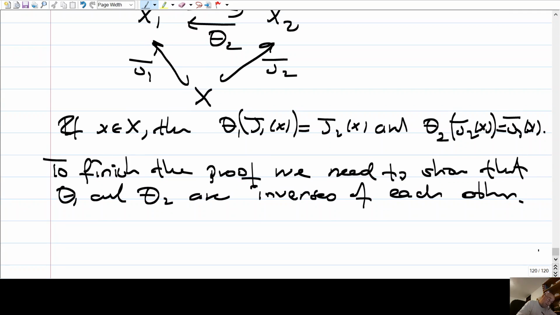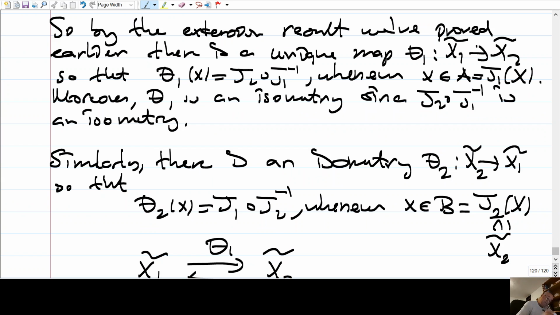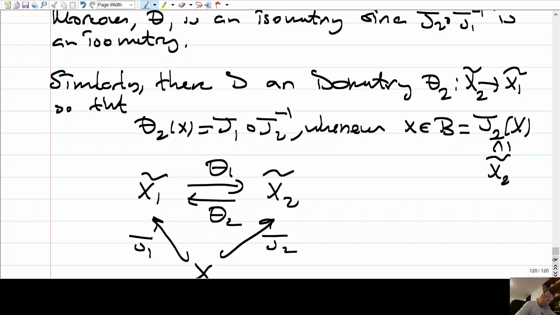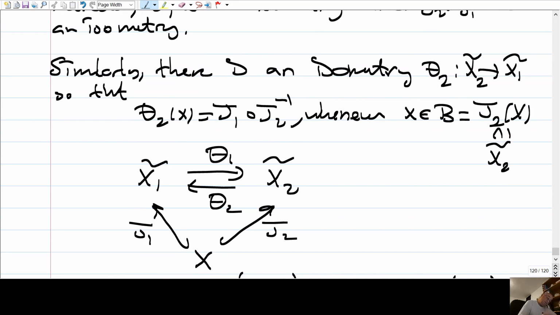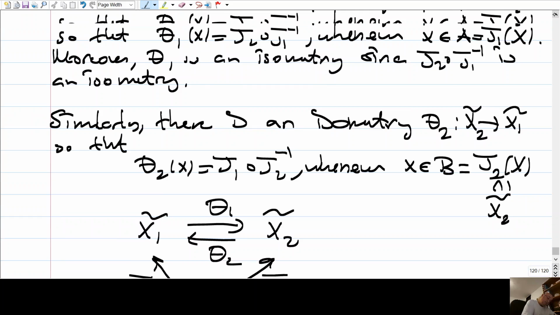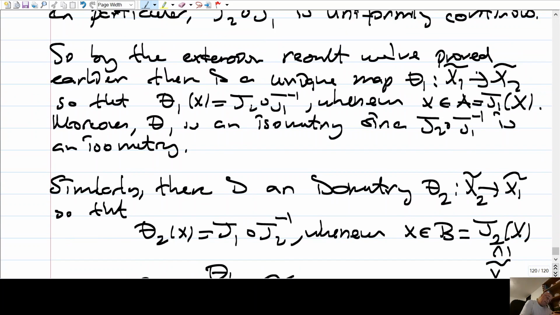But you see, if x is in A, theta 1 is given like this.